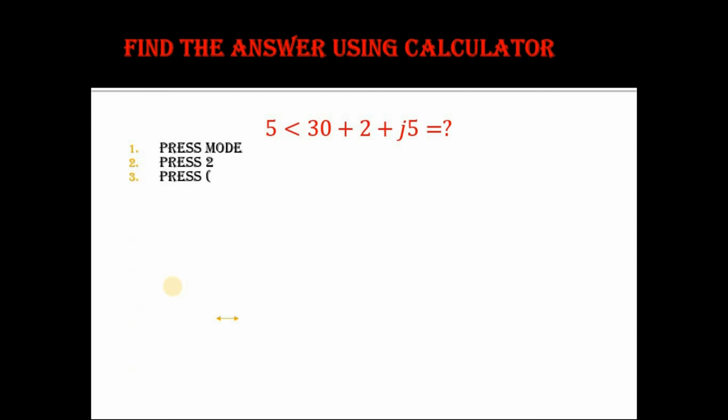Now press open bracket, enter 5. Now press shift, press minus sign inside brackets, now enter 30, then close the bracket.